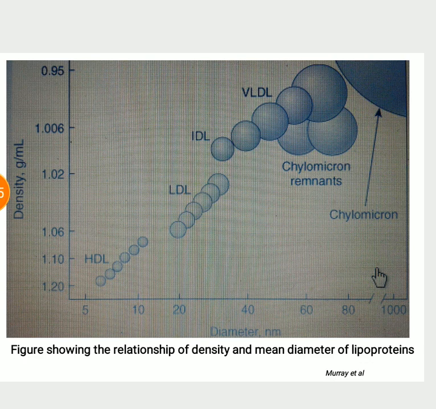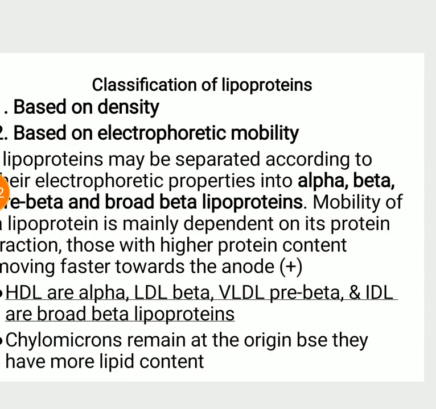Next to the chylomicron we have the VLDL with the second largest diameter, then its remnant, the IDL, then LDL, and finally HDL with the smallest diameter but the highest density.